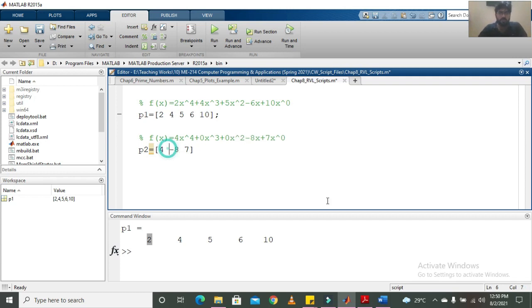Here I will have to define the coefficients of x cube and x square as 0 and 0. So this is how we define polynomials in case a term is not present, like x3 and x2 in the example I have given. You will not skip it, you will write down the coefficients as 0.